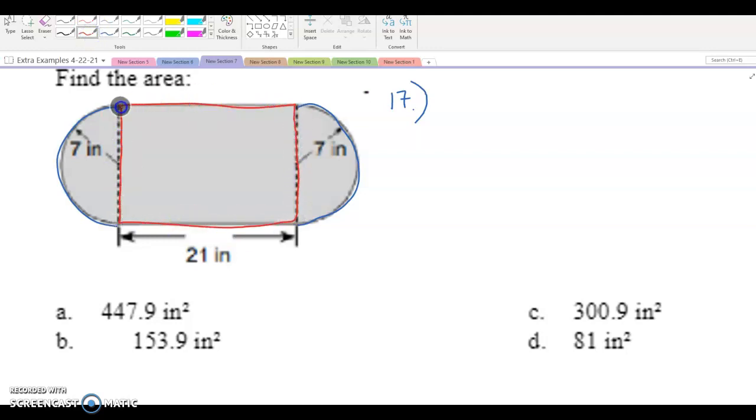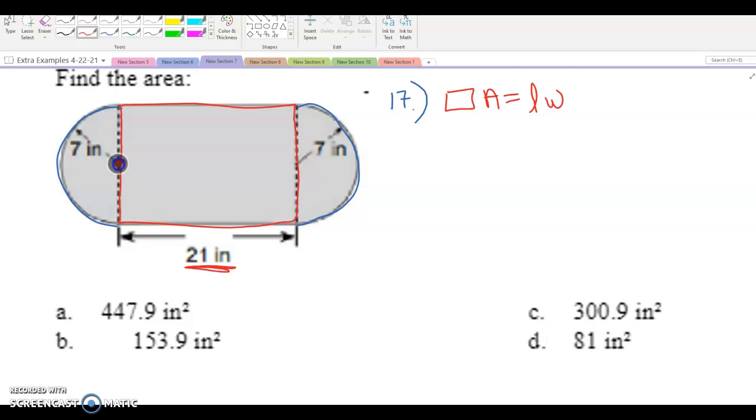So what do you want to find the area of first? The rectangle. All right, so our area formula for a rectangle is length times width. Very good. And now we know 21 is going to be the length because it goes the whole way. But we talked about this one a bit on Tuesday.